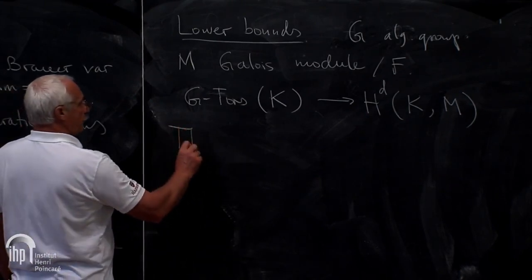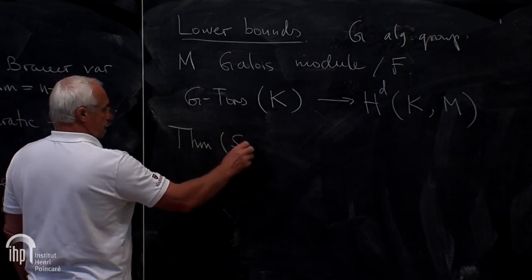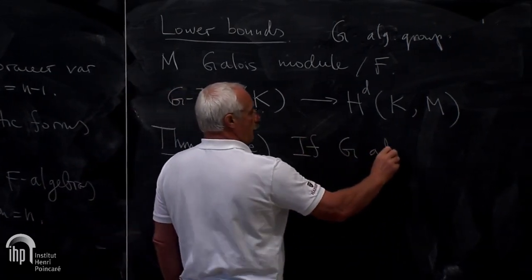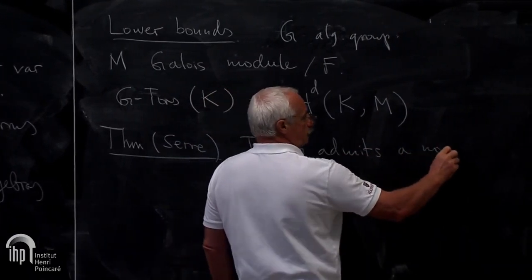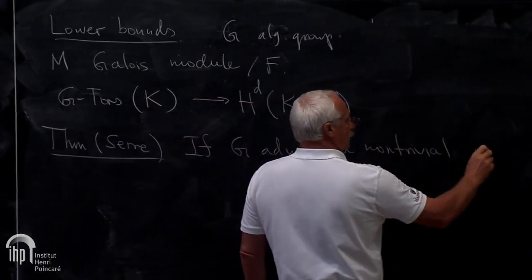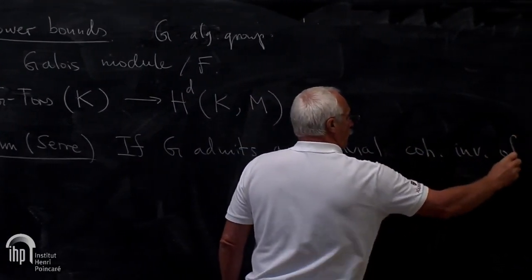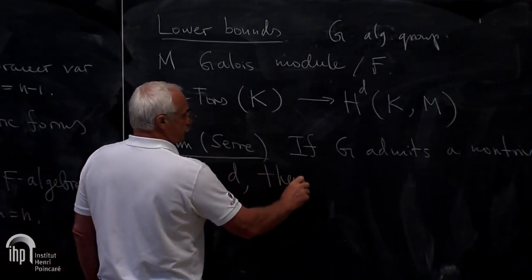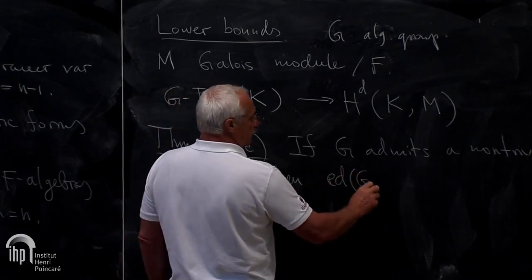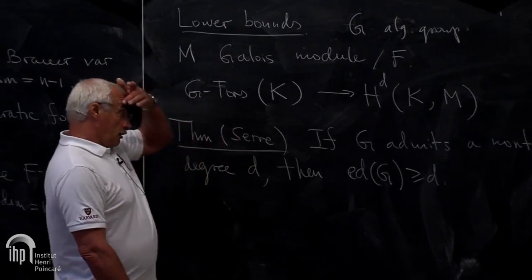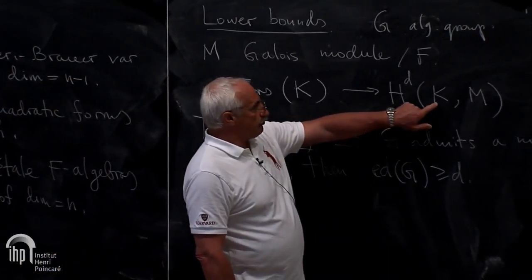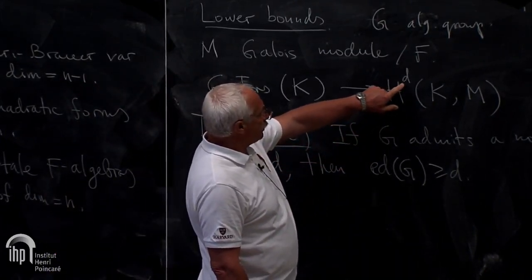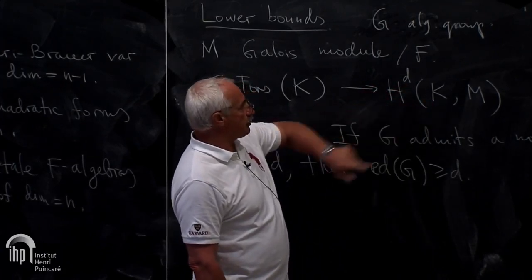And then there is a theorem, actually it's a theorem of Serre, that if G admits a non-trivial cohomological invariant of degree D, then the essential dimension of G is at least D. That is because if capital K is a field extension of transcendence degree less than D, then the group vanishes if the base field is algebraically closed.